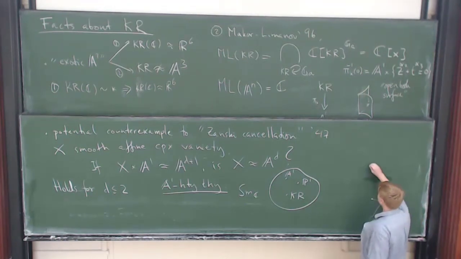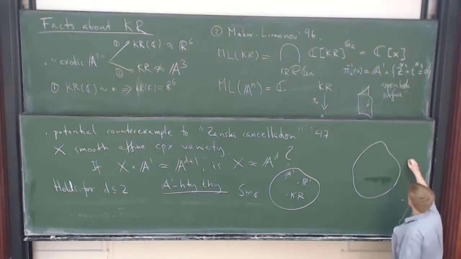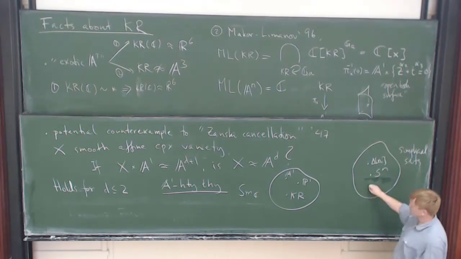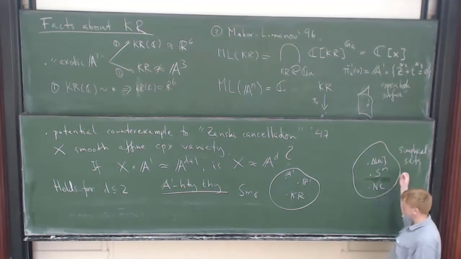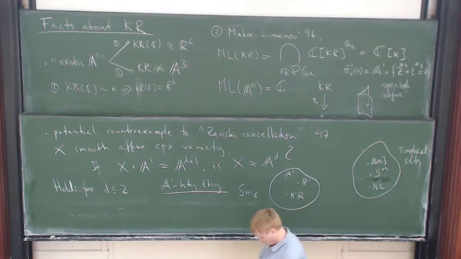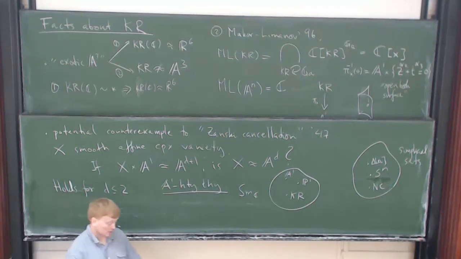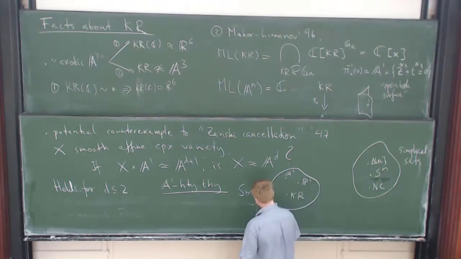Now, since the beginning of time, we also had another category called simplicial sets. So here we have things such as simplices, ordinary spheres, but there are also things such as nerves of categories in here. So this is really a rich category. And in A1 homotopy theory, we take these two categories and we put them into the same category. So this leads to motivic spaces.